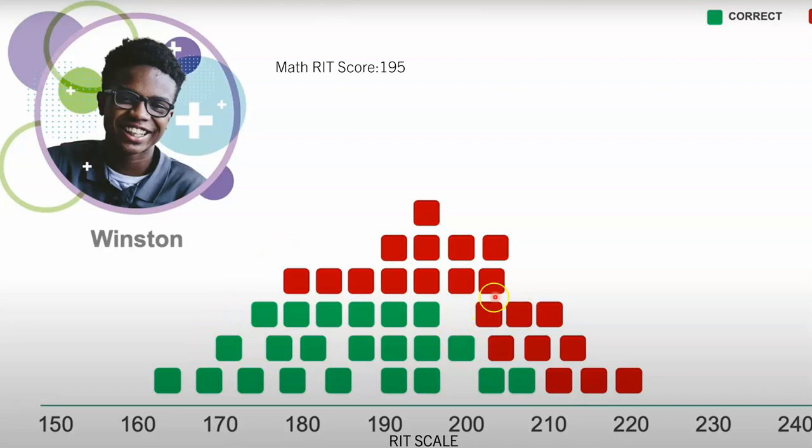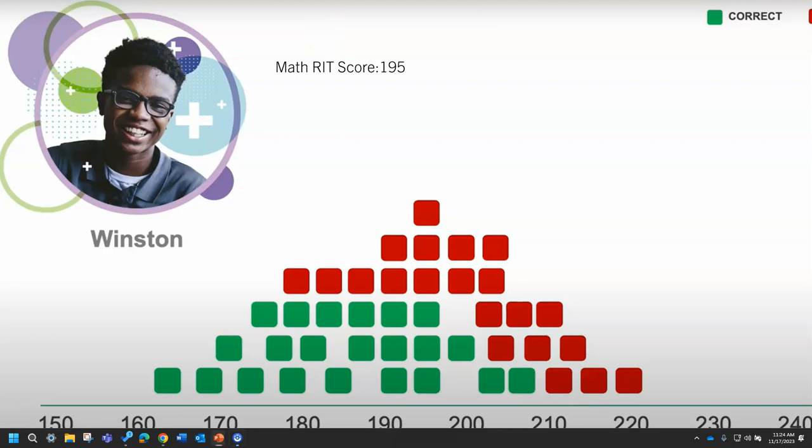Red boxes indicate an incorrect answer. You can see here between the 160 and 170 range, he was answering all of those items correctly, even to the 175 RIT range. And over here on the other end, the 210, 220 RIT range, he was answering most of the items incorrectly. So if his RIT score is 195, he's going to be right in here.